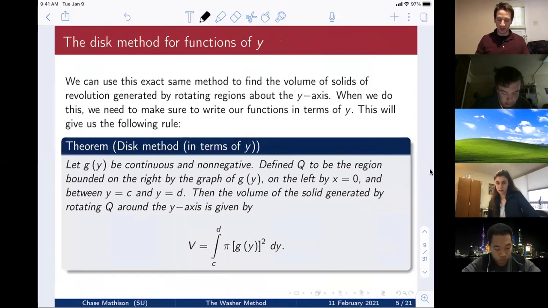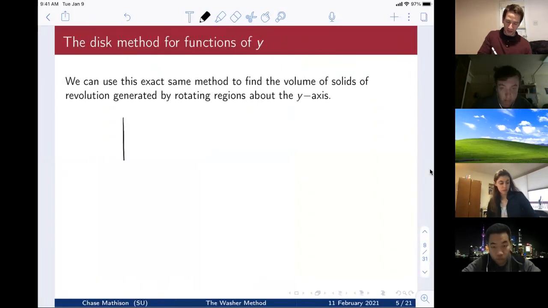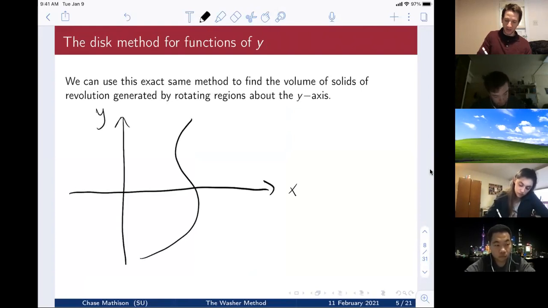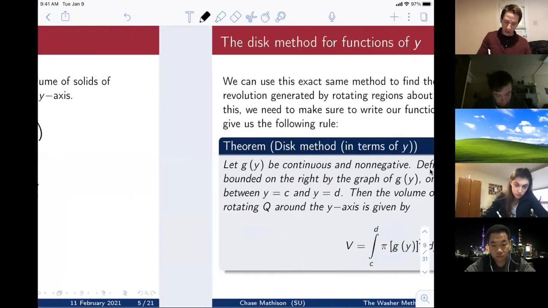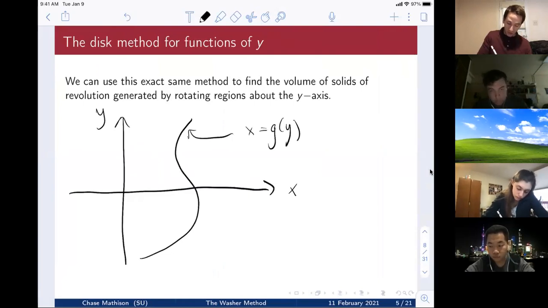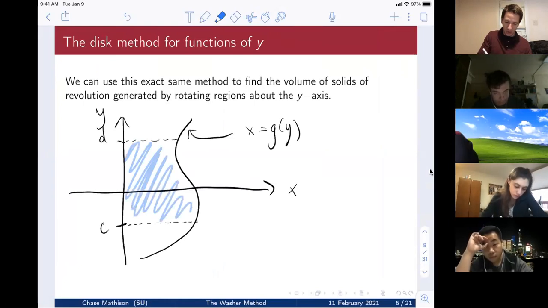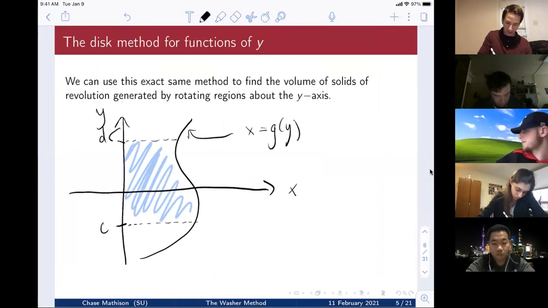Let me give you a drawing of what this is saying. Now I'm integrating a function of y, so this will be x equals g of y, and I want the volume of revolution that I get by rotating this region about the y-axis.